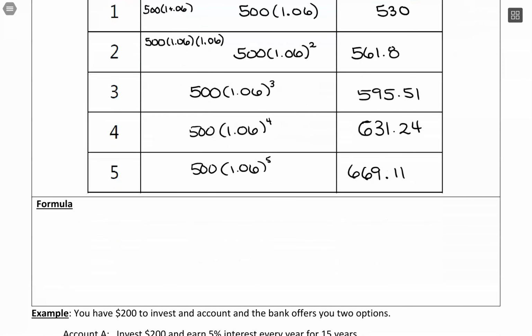So this account is considered compounded yearly, and we'll look at different methods of compounding. So this is specific to compounded yearly, and we'd find the amount for our account, the balance, by taking our principal times 1 plus our rate raised to an exponent of how many years have passed.